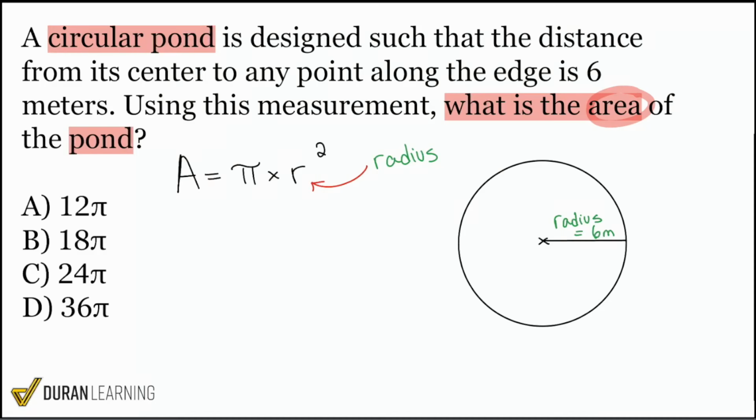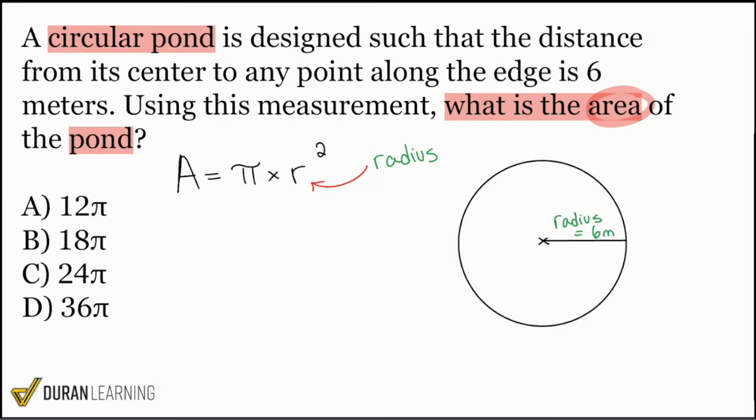Yeah, the formula that uses either radius or diameter is circumference. Circumference has two formulas. One is with radius, one is with diameter. The area formula for a circle only uses the radius. And luckily, that's what we're given here. From the center to any point on the edge, that is the radius.